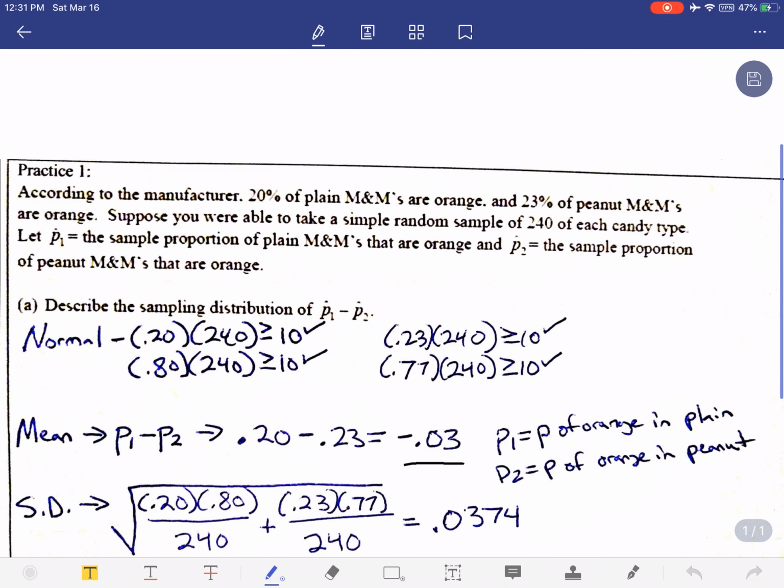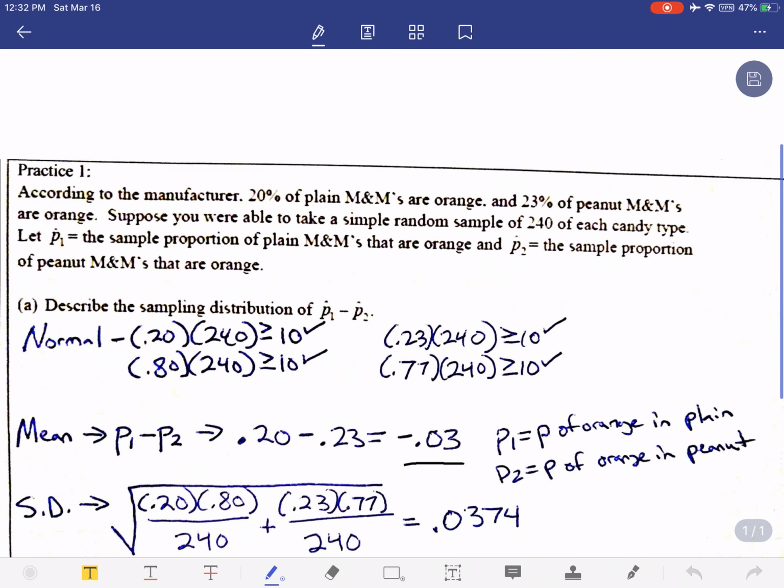Since we had the plain M&Ms first minus the peanut M&Ms, if we get a negative number, that means that the peanut M&Ms have a higher proportion of orange M&Ms than the plain M&Ms. So it's important that we label P1 and P2 so we can understand what that means in context with the problem.